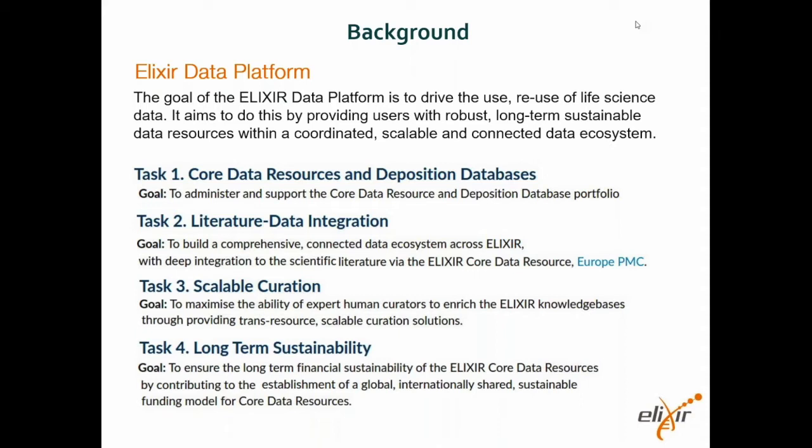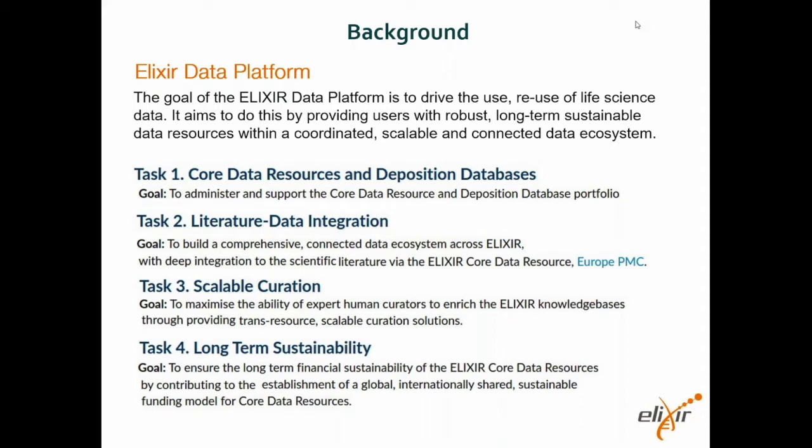The fourth aspect looks at what sort of support ELIXIR can provide to these core data resources in terms of getting the word out there, and financially. Basically, it looks at the financial aspects.